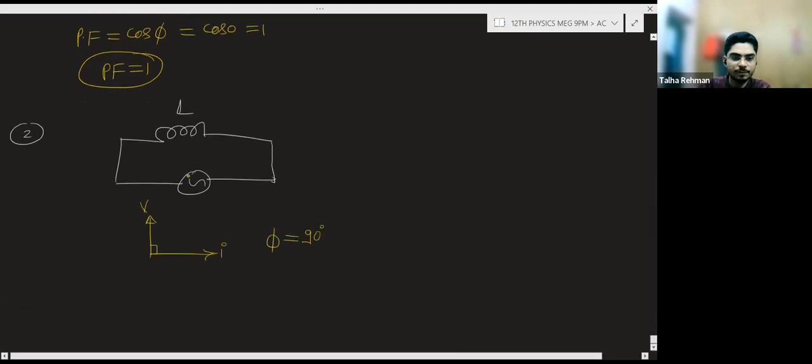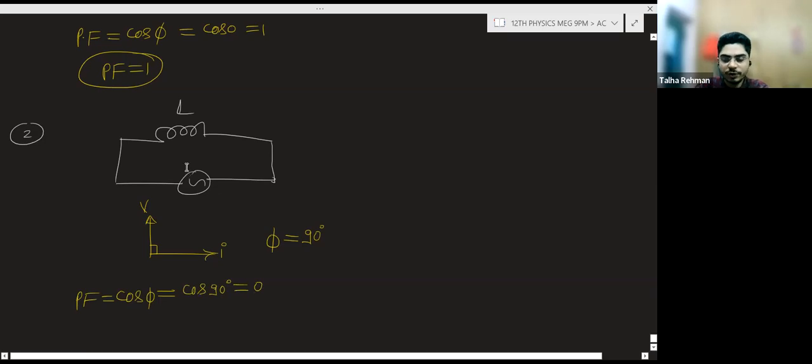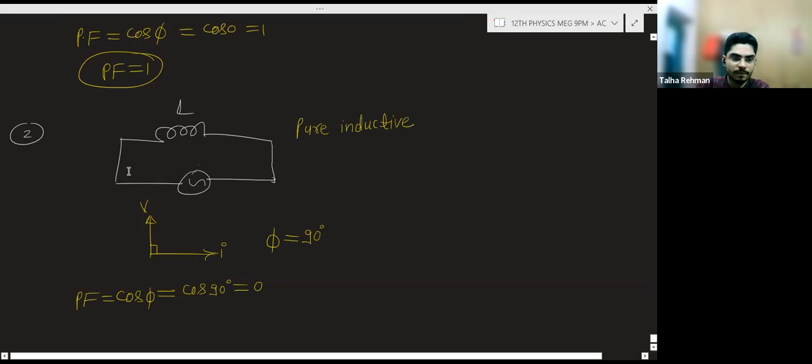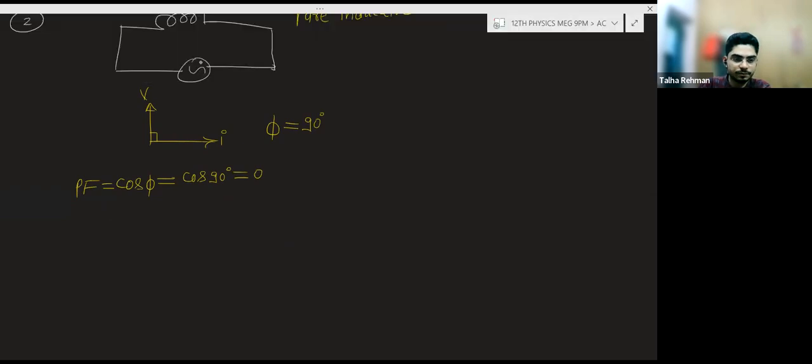And if you calculate the power factor, that is cos phi, you will get cos 90, and cos 90 is equal to 0. So the power factor of a pure inductive circuit is 0.